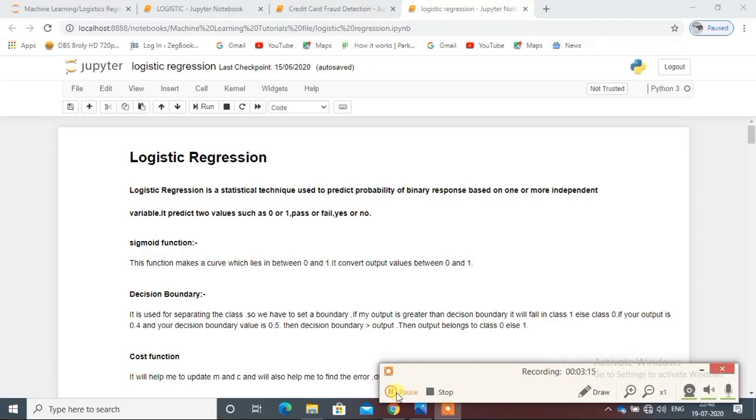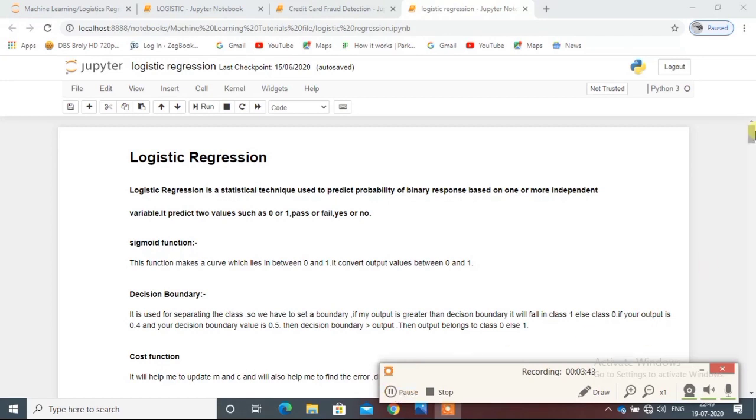That's the decision boundary, which we use with the sigmoid function to differentiate the two classes, setting the value in a range between 0 and 1 by providing a condition. If it is greater than 0.5, it lies in 1. If it is less than 0.5, it lies in 0. These are the logistic regression functions.